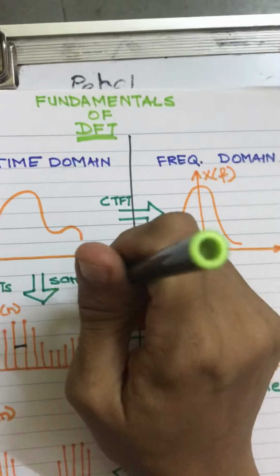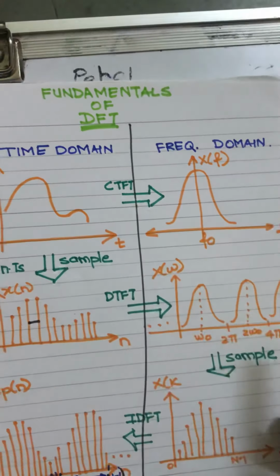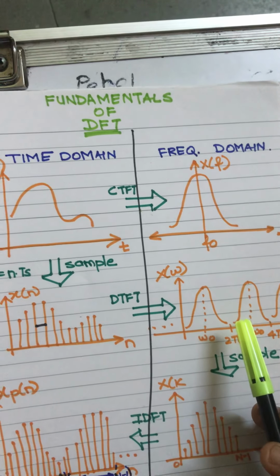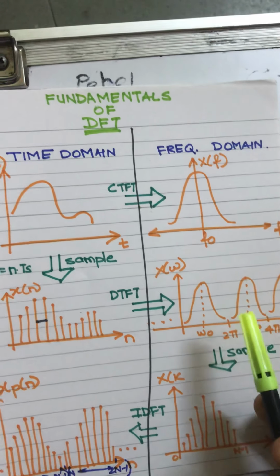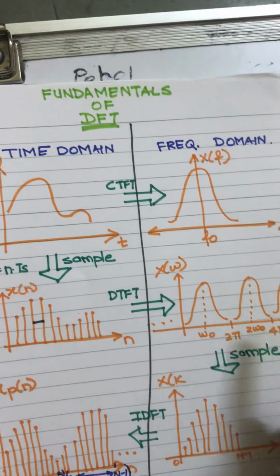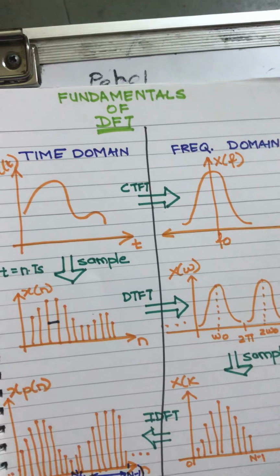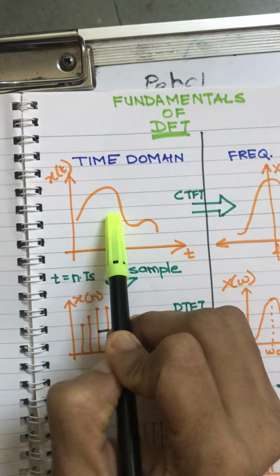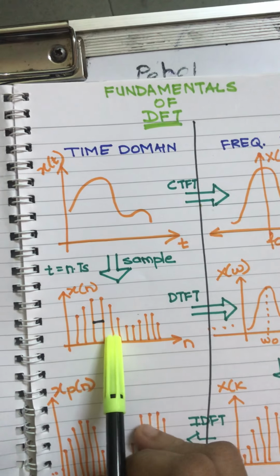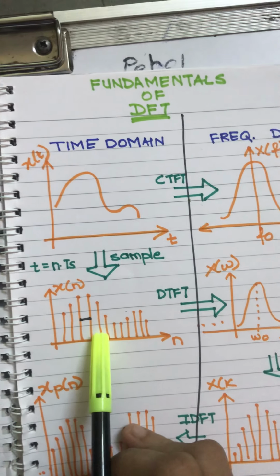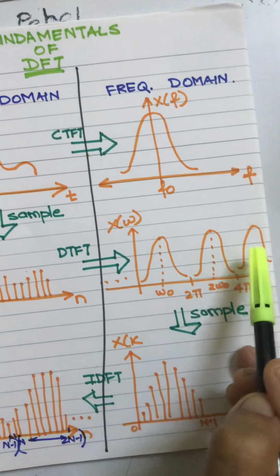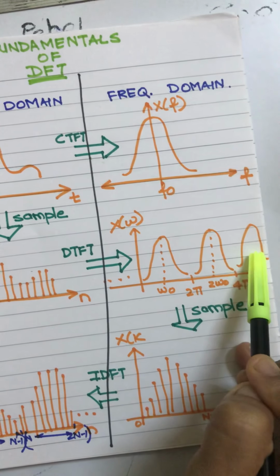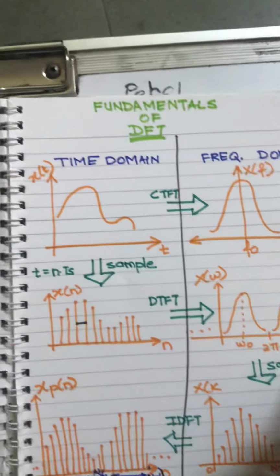Now there is one thing about sampling which I haven't mentioned. When sampling is done in one domain, there are multiple images created in the frequency domain. That is why when sampling was done in the time domain, images are created in the frequency domain of the original signal. Let me repeat this once again.